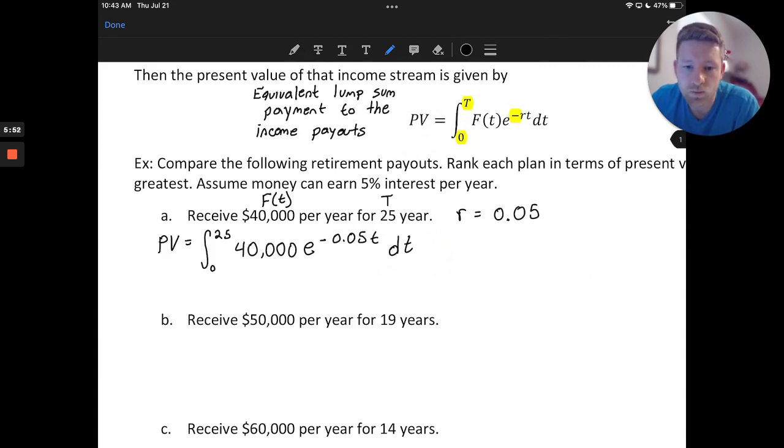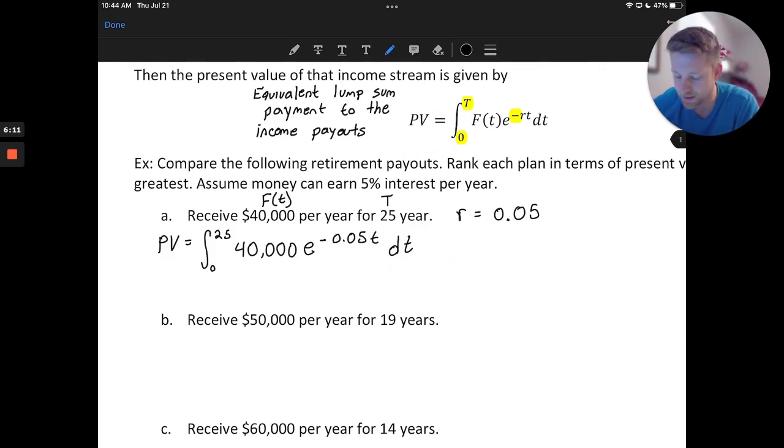So one thing that we can imagine this integral doing is it's really pulling all these payments back to time 0 and adding up all their equivalent present values together to get a full present value of the full income stream.